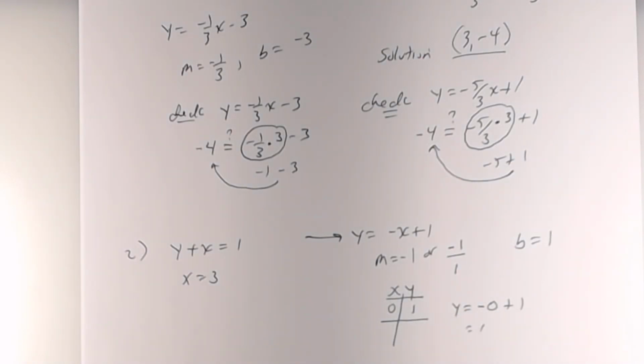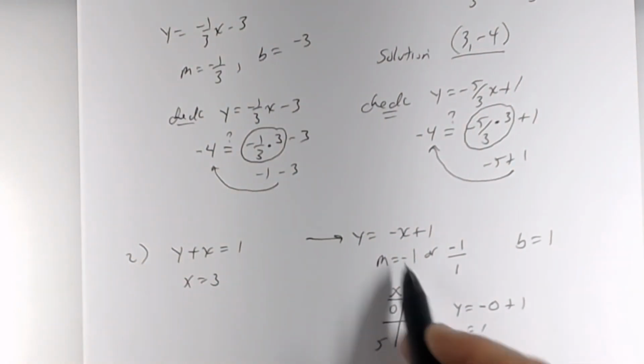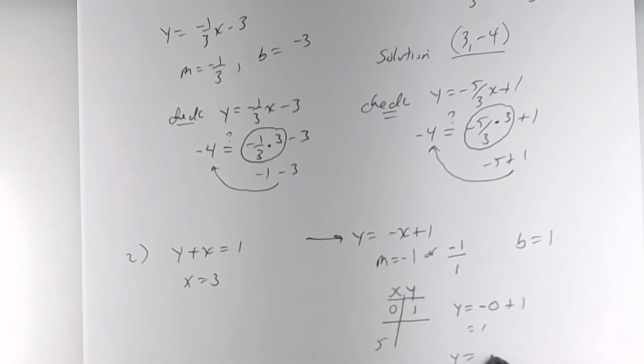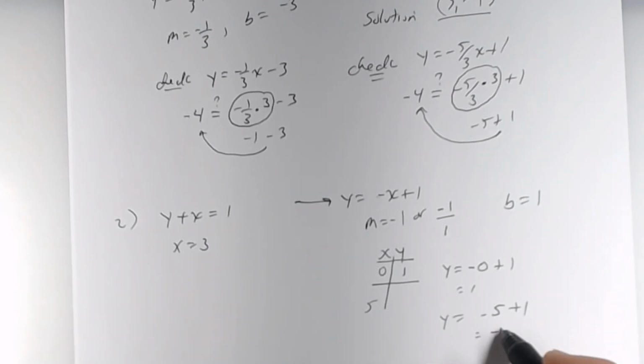So let's say x is 5. If x is 5, I get y equals the opposite of x. And again, what's x? 5. Plus 1. What's negative 5 plus 1? Negative 4. So I'll plot those 2 points and draw my line.